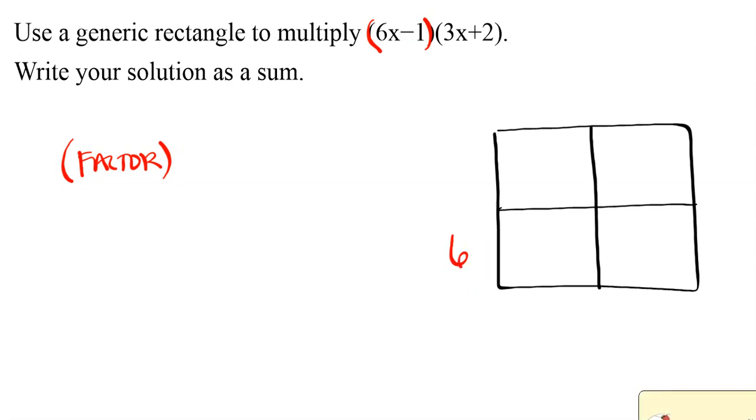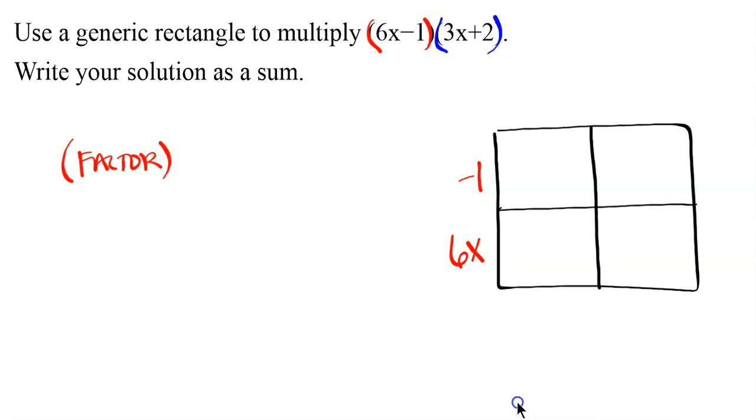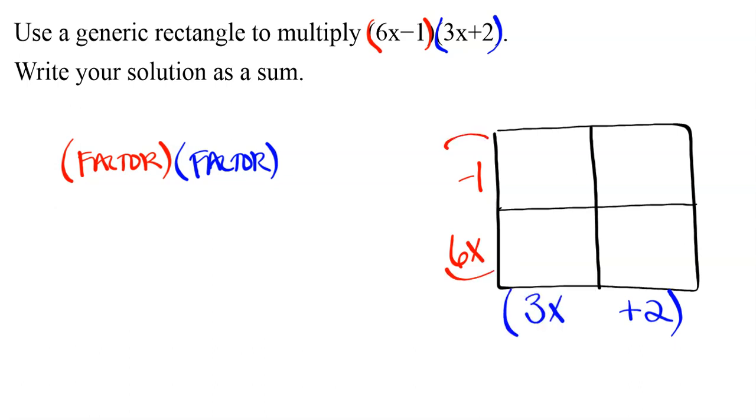So we have 6x minus 1, and then we have our second factor, which is 3x plus 2. And we're just simply going to multiply these together, and we're going to get our product.